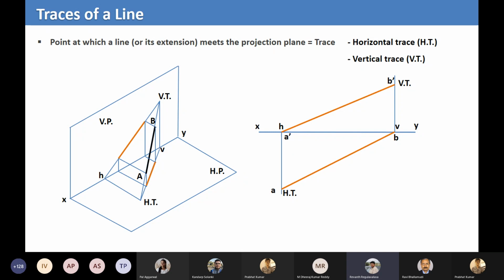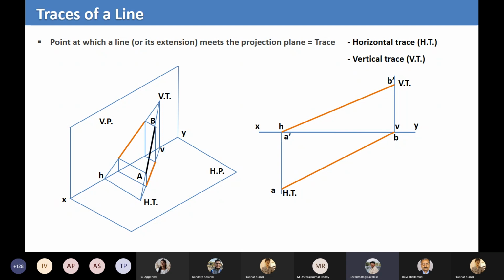So we have an inclined line here, AB. Everyone can see on the left side there is an inclined line AB, which is at an angle with respect to the horizontal plane as well as the vertical plane. When we extend this line AB, it intersects the vertical plane at a point called VT, and when the same line is extended downward, it also intersects the plane HP at HT.